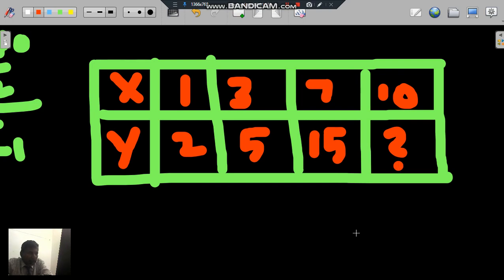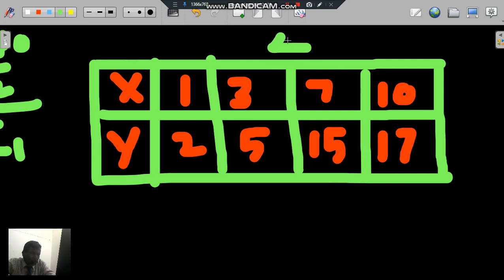Or we can say that suppose x takes a value 10, what is the value of y? Suppose it is equal to 17. Now our question is that if x equals 4, then what is y?